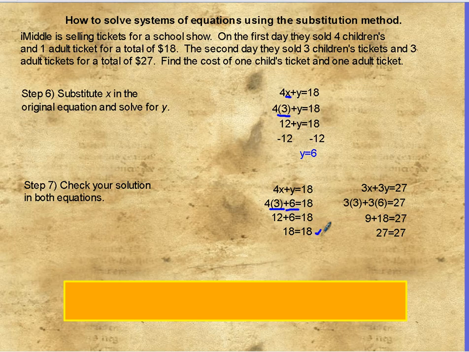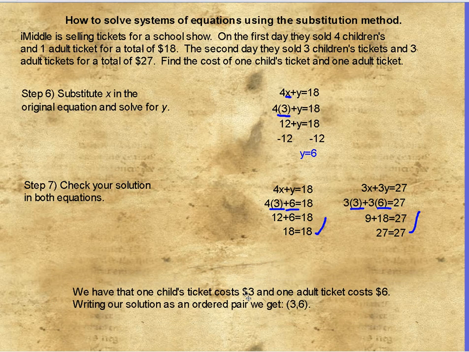We get 18 is equal to 18, so we're good. x is equal to 3, y is equal to 6, 27 is equal to 27, so our solution is good. Therefore, one child's ticket costs $3 and one adult ticket costs $6. And writing our solution as an ordered pair, we get (3, 6).